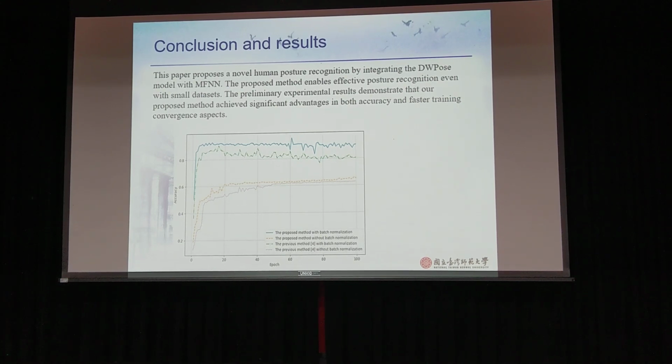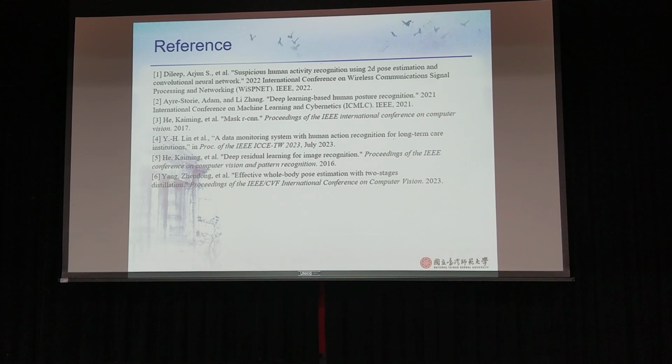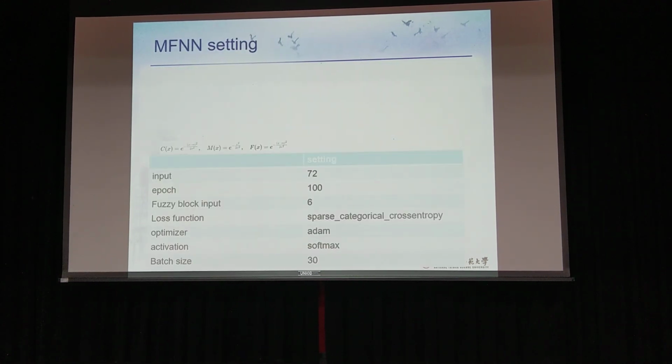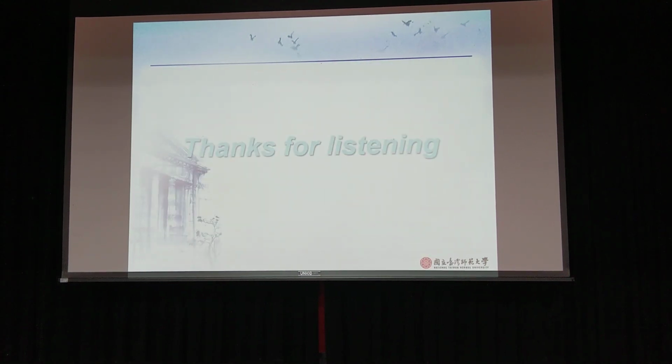This figure shows our method compared to the original merged fuzzy network. And here's the reference, and here's some data set and neural network setting. Okay, thanks for your listening.